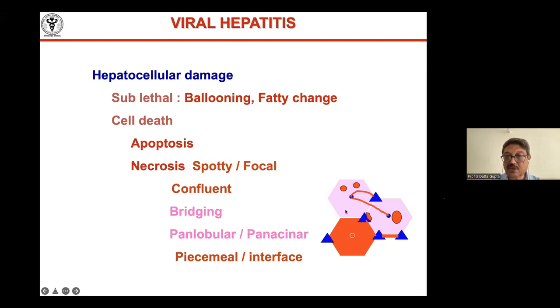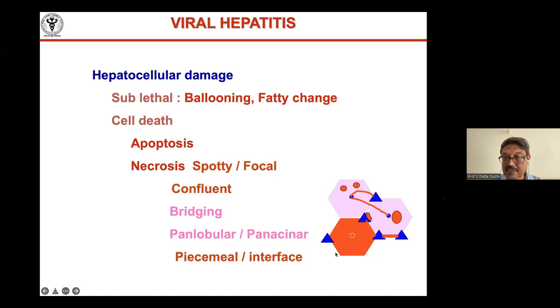Now, if the confluent necrosis is between 2 vascular trees, from the central area to the portal area, or from central to central, or portal to portal, then it is called bridging necrosis. If it bridges 2 vascular compartments, which are well defined, it is called bridging necrosis.